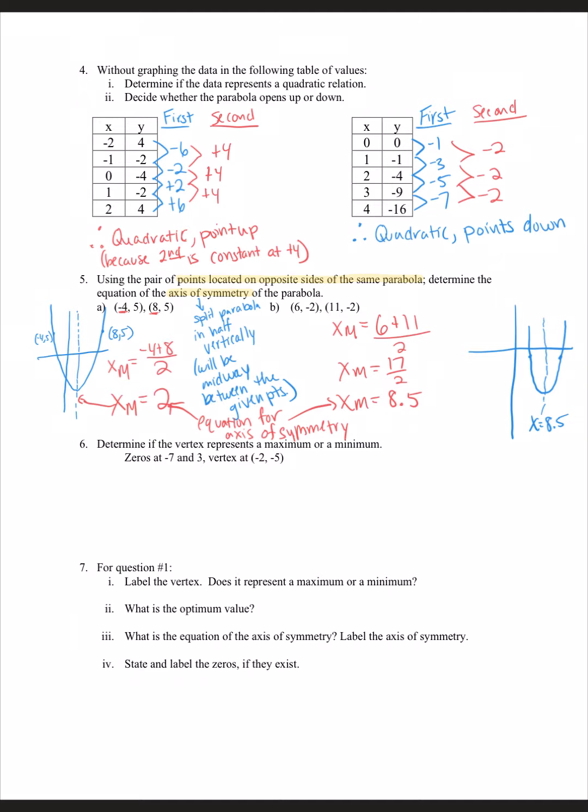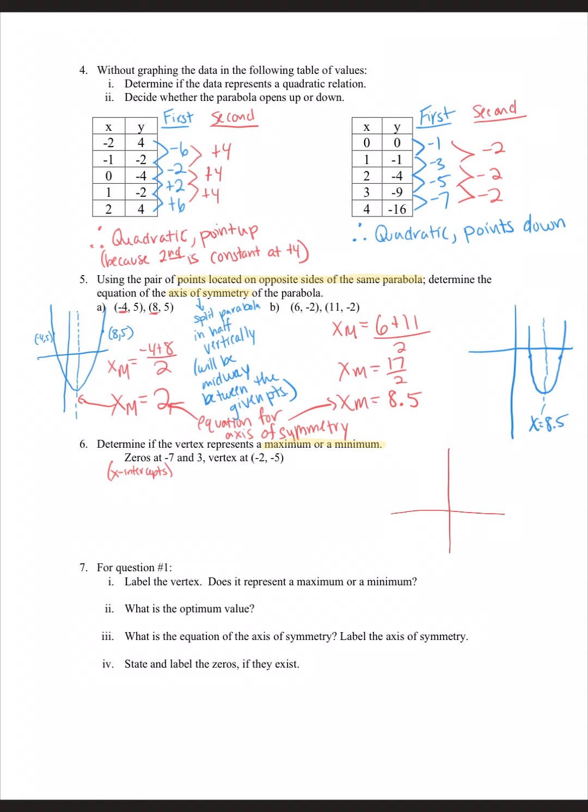Okay. Continuing on, continuing to look at some of this vocabulary, determine if the vertex represents a maximum or a minimum. So is it a maximum or a minimum? When you're given information like this, I always think a rough sketch helps us visualize what is going on. So it says we have zeros. Let's graph it over here. Remember our zeros are just our x-intercepts.